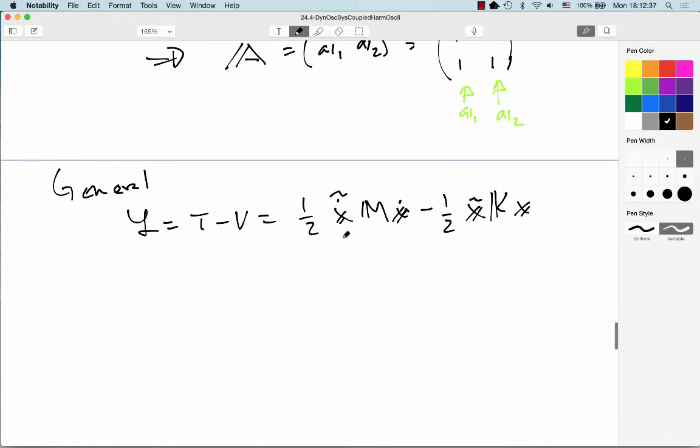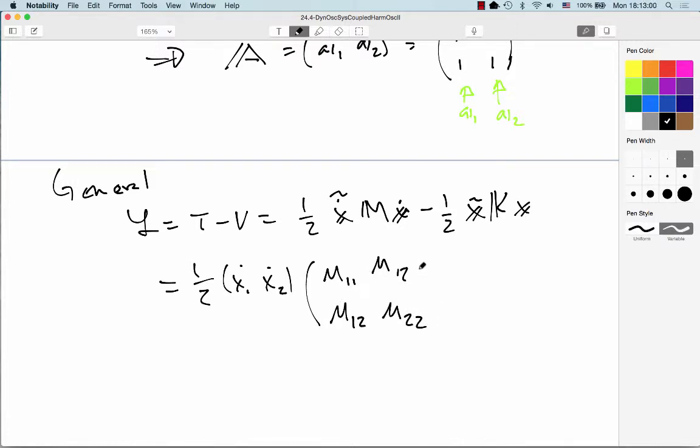All right. So let's write this in a more general case. So this will be 1/2 (x1 dot, x2 dot). We'll write this as the matrix m11, m12. Now normally I should write this as m21, but I'm going to write it as m12 because this has to be a real symmetric matrix, right? m22.